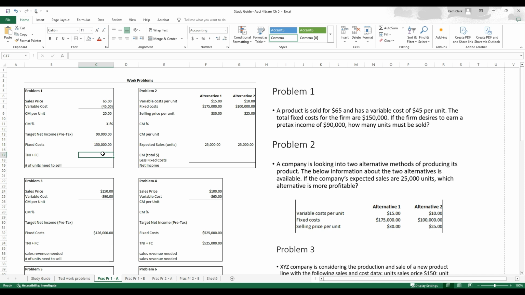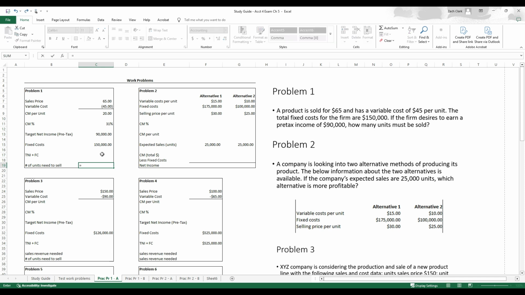If we want to figure out how much we need to sell to get to a specific targeted net income number, we can do this in one step, but let's figure out our break-even point first, because once we figure out our break-even point, we just add the targeted net income on top of that.